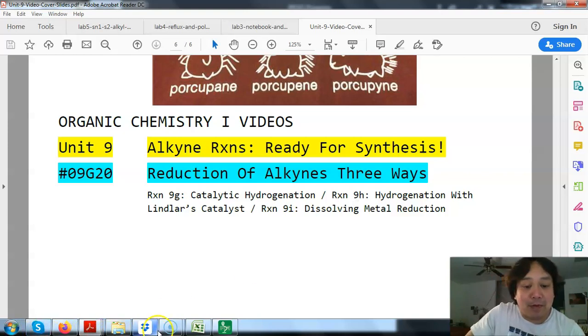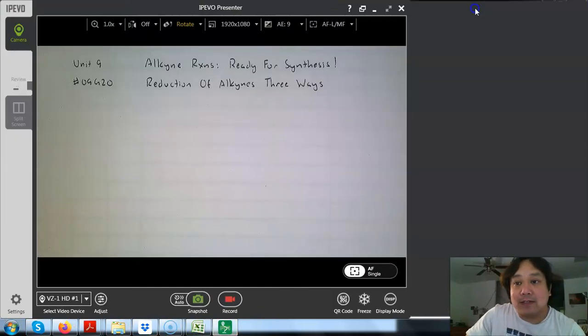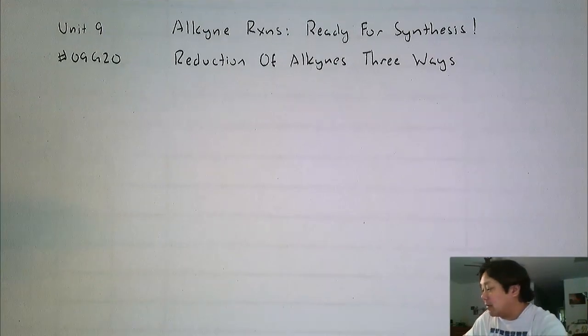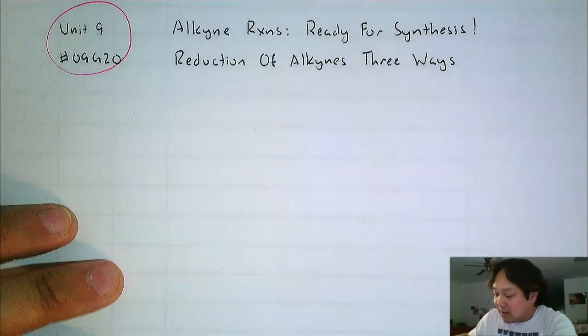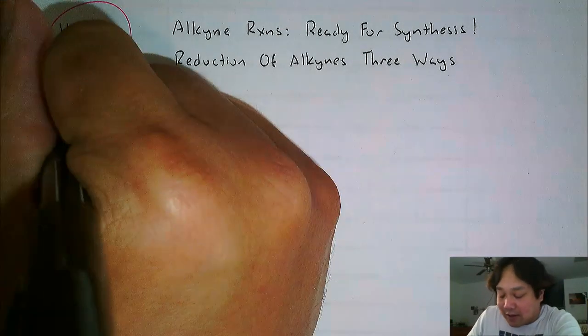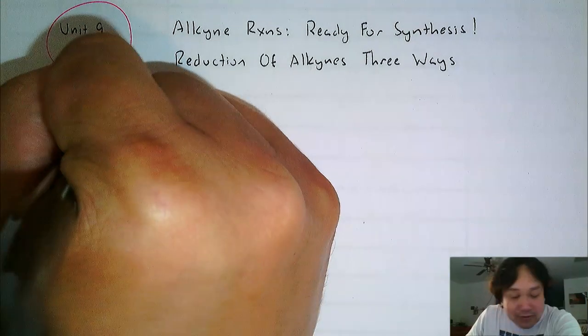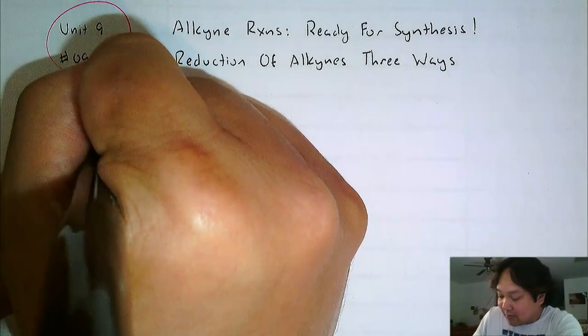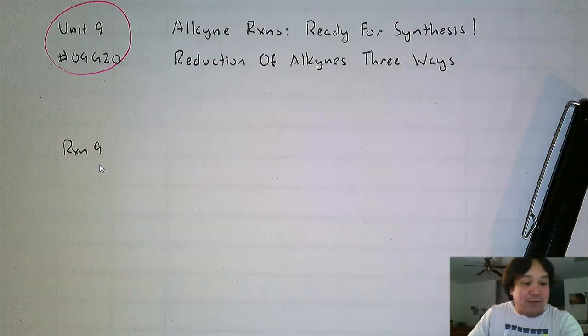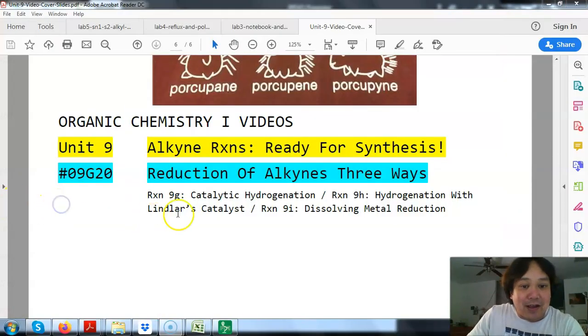Okay. Let us start real simply with a reaction that you should be familiar with from the alkene unit, and that is catalytic hydrogenation. I have this as reaction 9G.